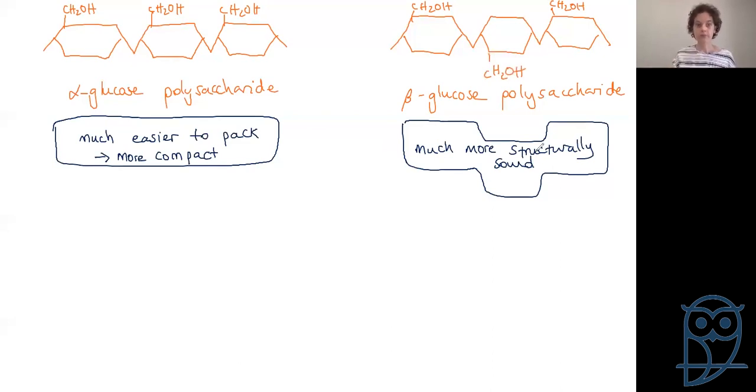So our alpha glucose polysaccharides make these nice compact structures. These are our storage. Whereas our beta glucose polysaccharide is much more structurally sound, with much more hydrogen bonding, because we're bonding on both sides. If you take two pieces of Velcro, they're going to stick together.